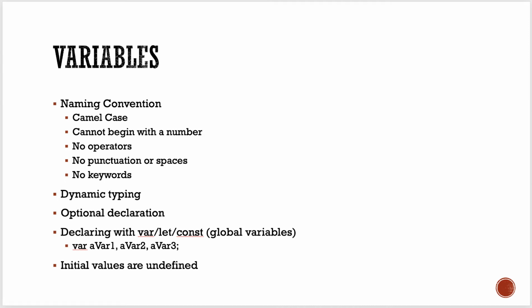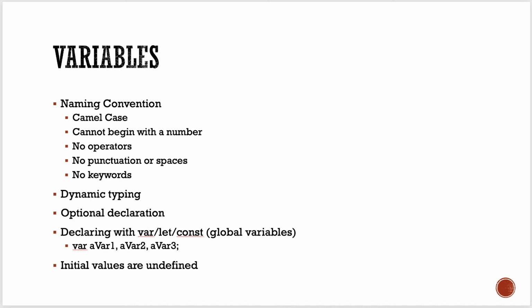Variables are dynamically typed, and what dynamic typing really means is that while one might start by storing a string in a variable, you can very easily change that variable from a string data type to an integer data type by just changing what is stored in it. And so variable types change based on what data is stored in the variable.